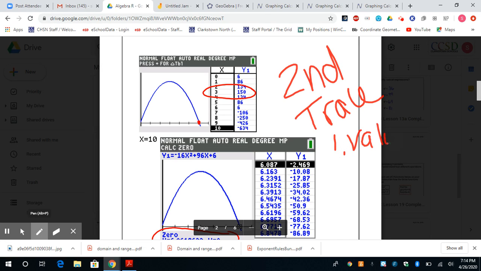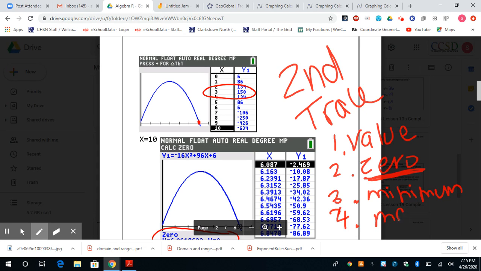You have value. You have zero. So if you want to ever find the zeros, you can click this and play with the bounds. If you want to find the minimum, remember it's here. If you want to find the minimum, you hit 3. If you want to find the maximum, you hit 4, and etc. So that's second trace, and you can also find these values using that function, okay? In case you don't want to use GeoGebra.